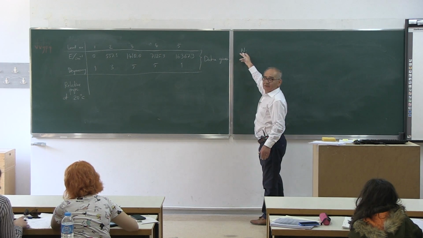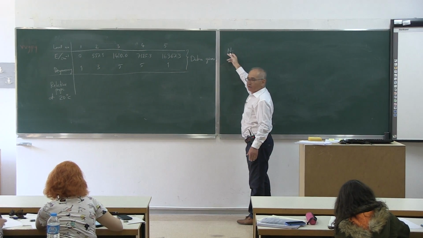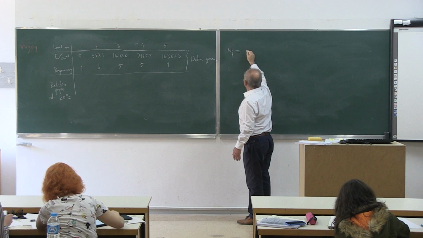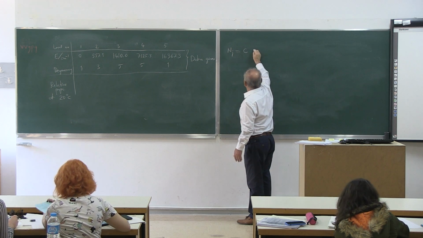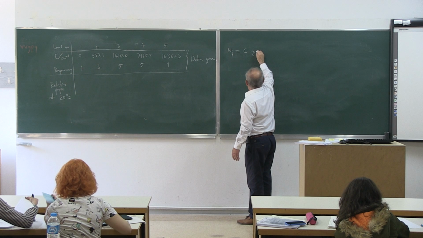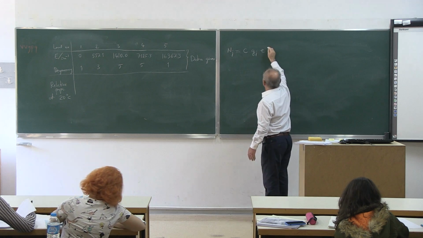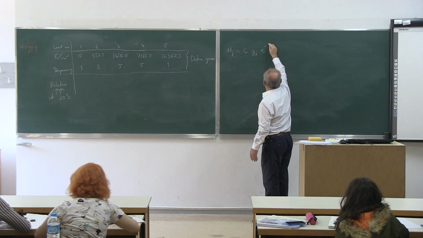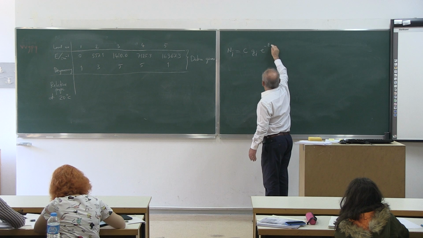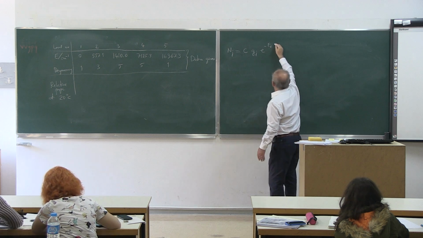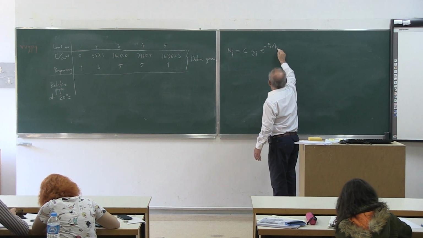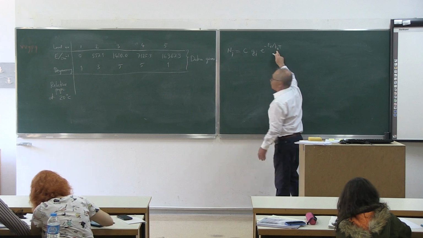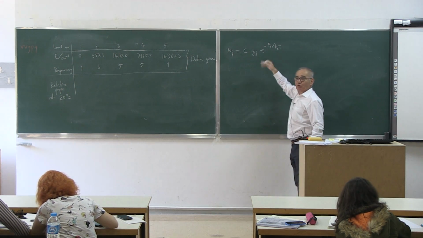The population of the jth energy level is equal to a constant times the degeneracy of the level times the Boltzmann factor. What is the Boltzmann factor? e to the minus the energy of the level divided by kT. k is the Boltzmann constant, and T is the absolute temperature.